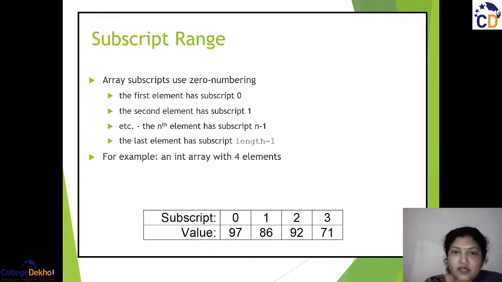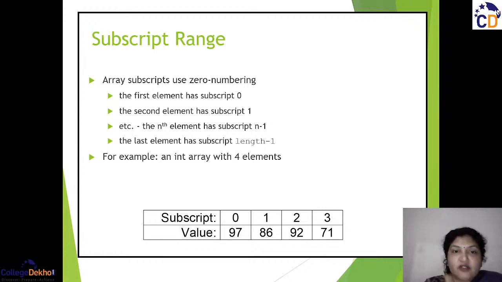Why length minus 1? Because it is starting from 0. For example, an int array with 4 elements has a last subscript of 3, so you have the elements 0, 1, 2, 3.